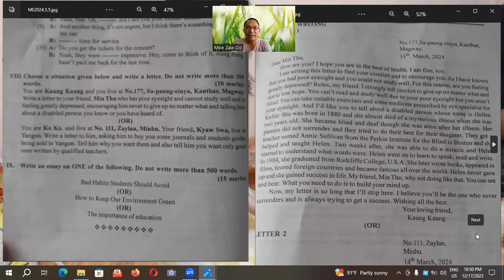She was born in 1880 and she almost died of a mysterious illness. When she was 2 years old, she became blind and deaf, though she was alive after the illness. Her parents did not surrender and they tried to do their best for their daughter.